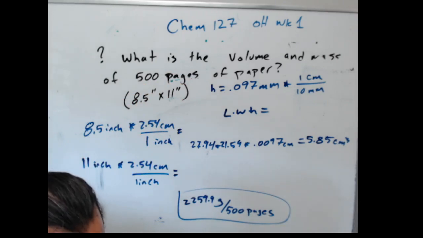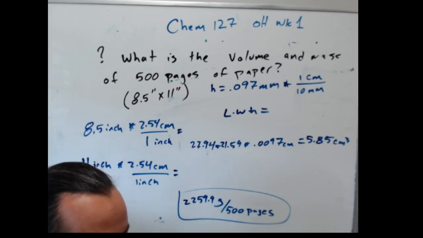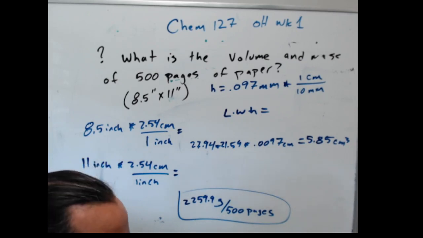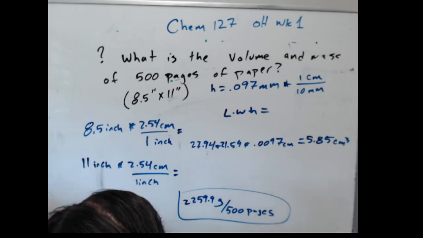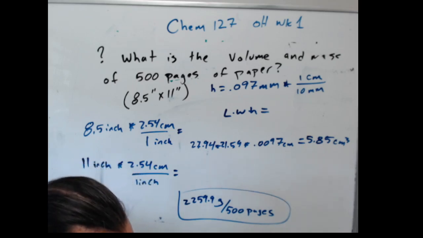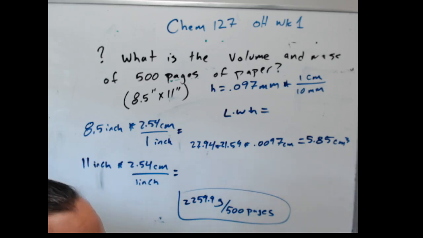You'd need to compress it in some way where you got all of that air out. I guess if I folded it really nicely, you could get it down to like 5 milliliters of volume.